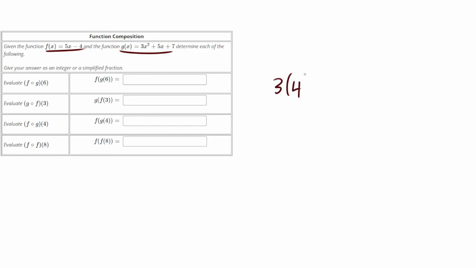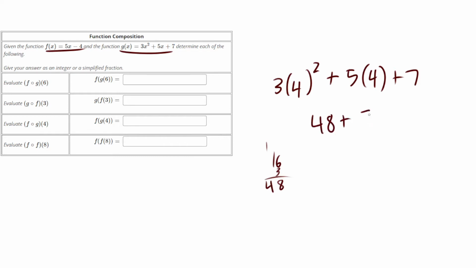So 3 times 4 squared plus 5 times 4 plus 7, and that will give you 3 times 16, which is going to be 48. So 48 plus 20 plus 7, which is going to give you 68 plus 7, which is going to give you 75. So 75 would be your answer for this third one.